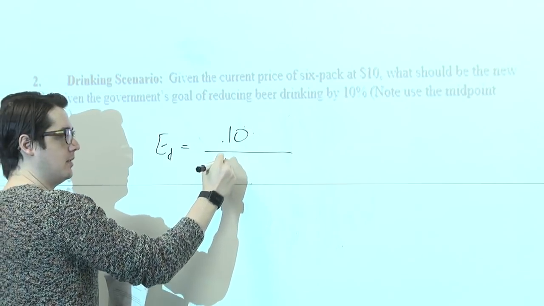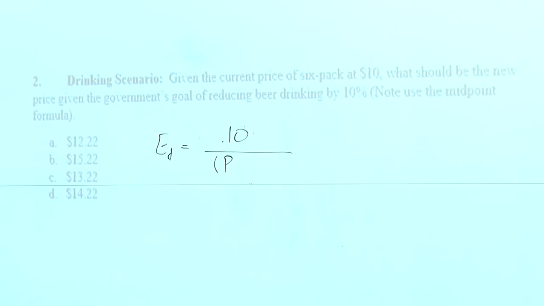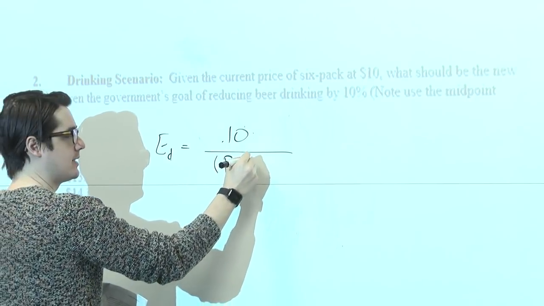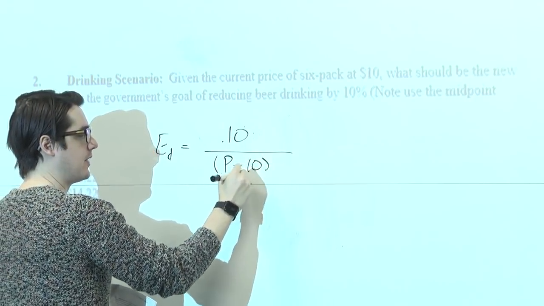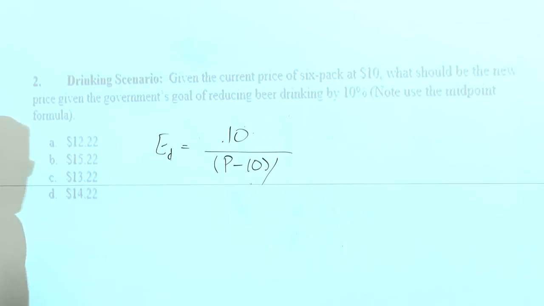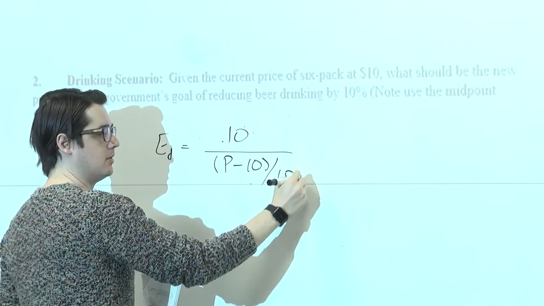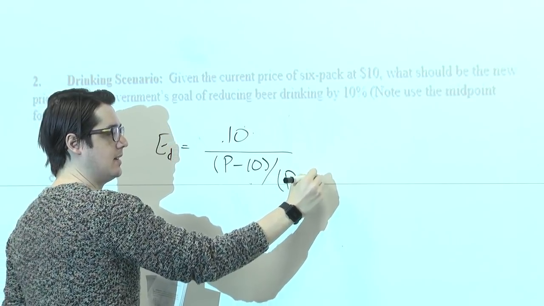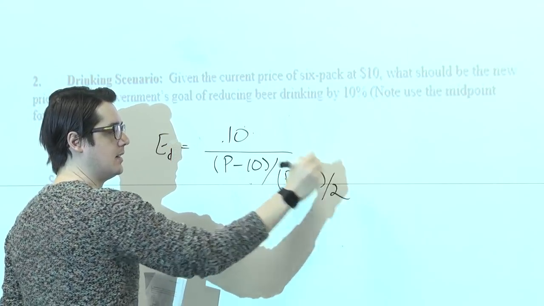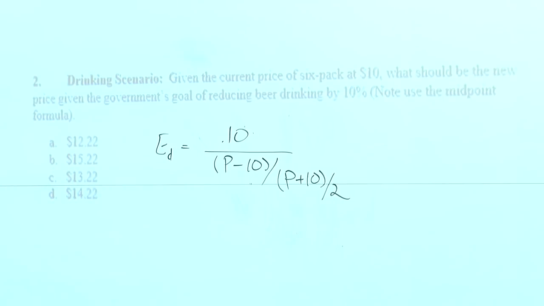I'm going to put P here just to stand in for our new price. So our change in price divided by the average of the new price and the old price. Again, we don't know what the new price is, so we're just going to put a P as a stand-in, P plus 10, and then divided by 2.